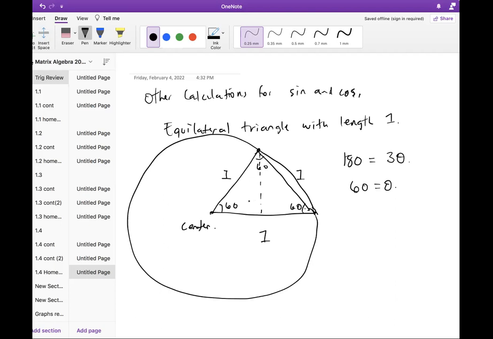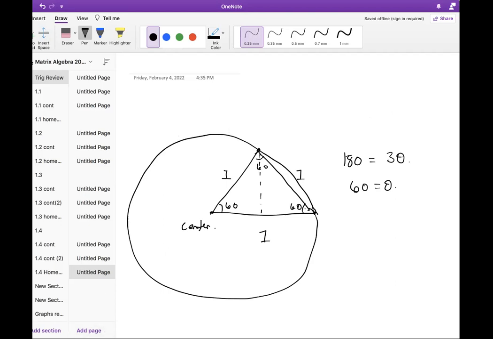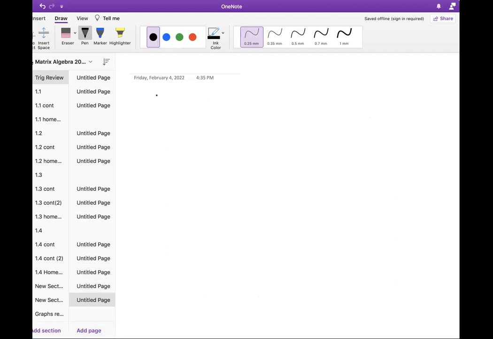We can actually do this in a couple ways. One way we could do is we can start with a right triangle with angle 60.